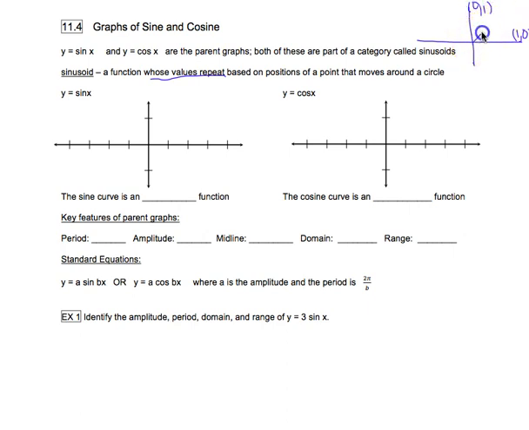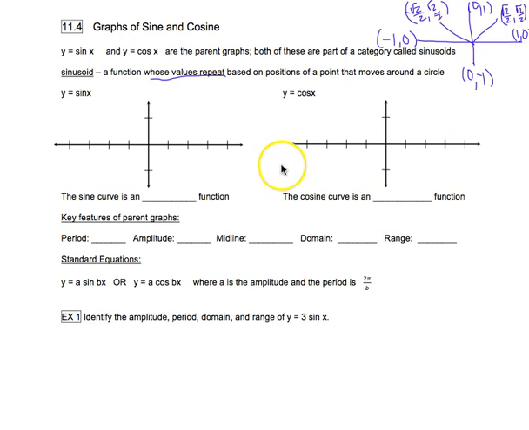Remember that halfway in at 45 degrees, the ordered pair is radical 2 over 2 for both. Over here, we have (-1, 0). Here we have (0, -1). Over here, we have (-radical 2 over 2, radical 2 over 2), and so on and so forth.